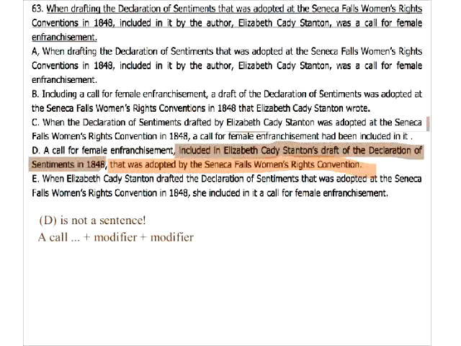What about C? I mean, they don't really test non-essential versus essential.